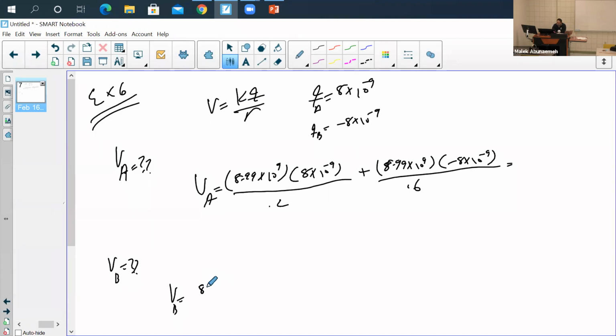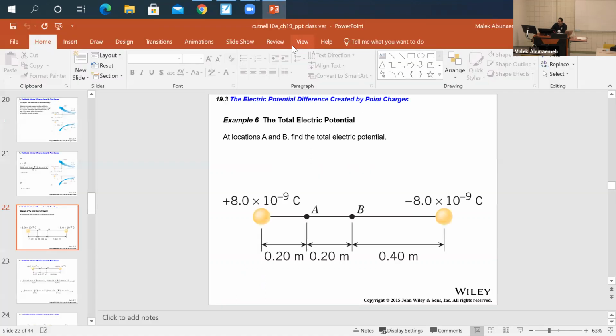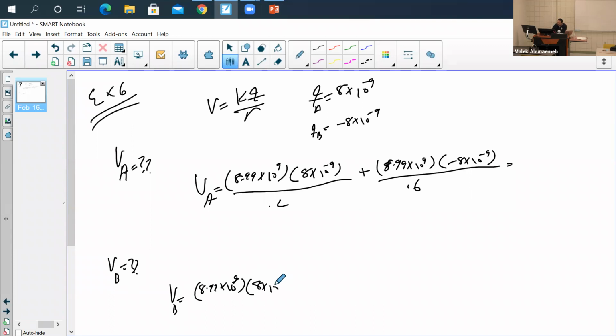For part B, it'd be 8.99 times 10 to the 9th power, your electric constant. Okay, so for this charge, the distance from B is 0.4. So it'll be 8 times 10 to the negative 9 divided by 0.4 meters, plus 8.99 times 10 to the 9th, and this is going to be 8 times 10 to the negative 9, and this is going to be a negative charge.